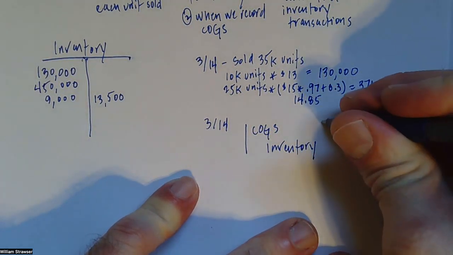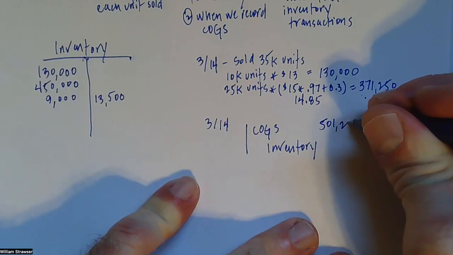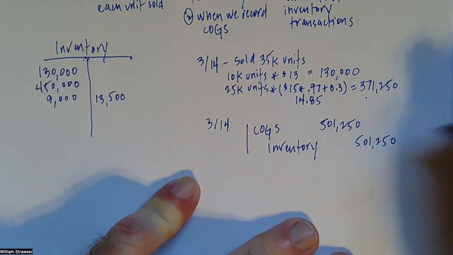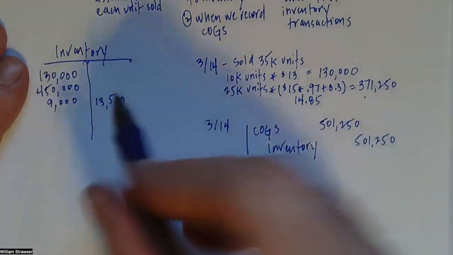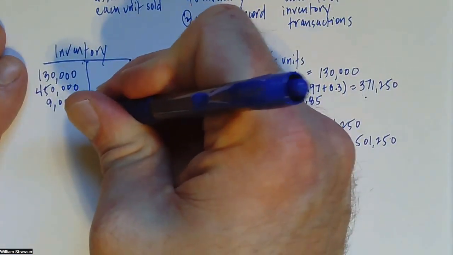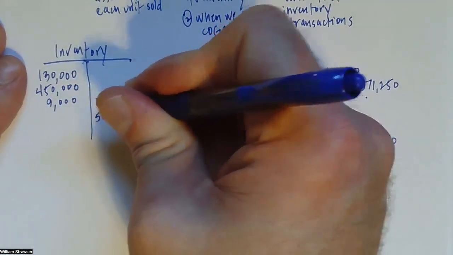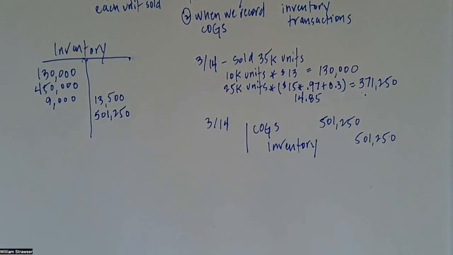Adding those two together gives me 501,250. I update my T account because it is the perpetual system. I need to perpetually keep the inventory account updated. Right, and then we can move on to the next batch of purchases.